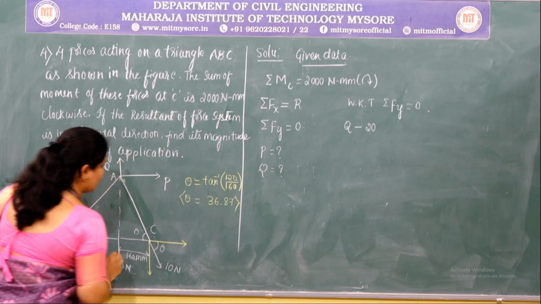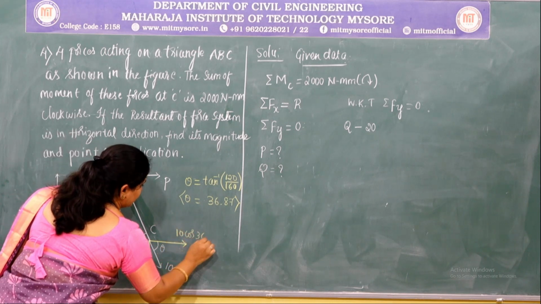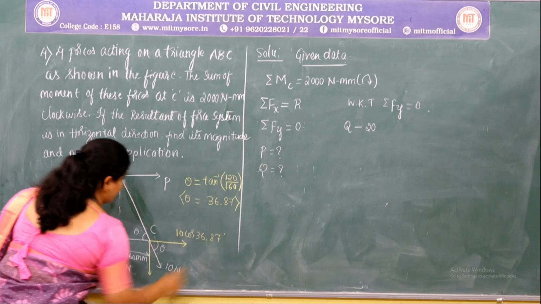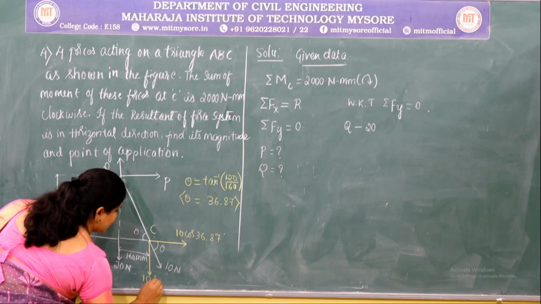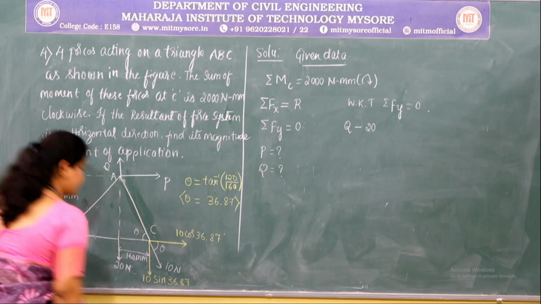So the x component is 10 cos 36.87 and the vertical component is 10 sin 36.87.